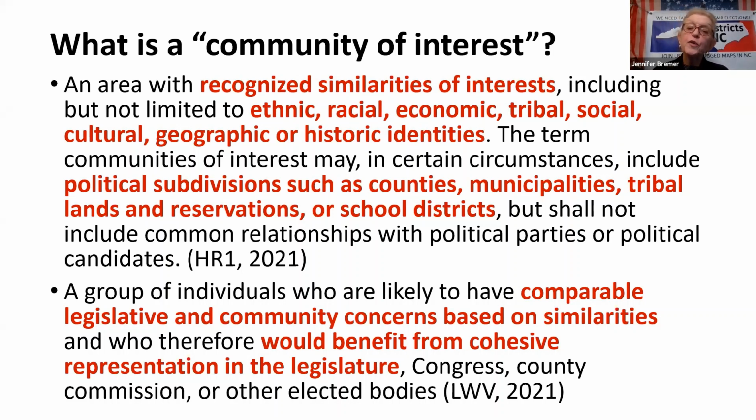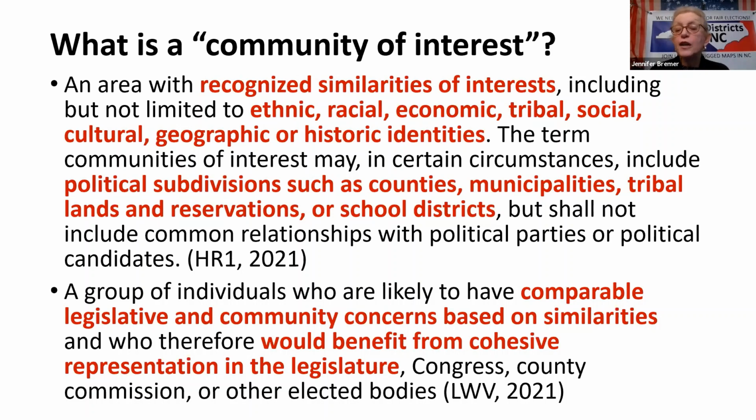So these two definitions highlight different things. Beginning with the League one, it emphasizes that the idea is to produce better representation, so that people that have common interests have representatives who can really focus on those interests, rather than being divided up so that no particular representative has much interest in their issues. But also that there are a wide variety of factors that can be used to define a community.